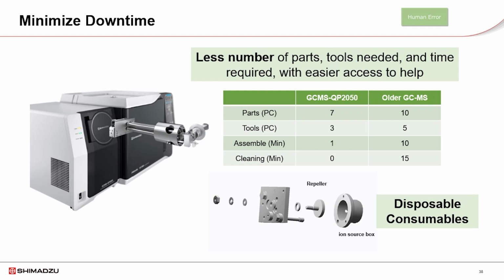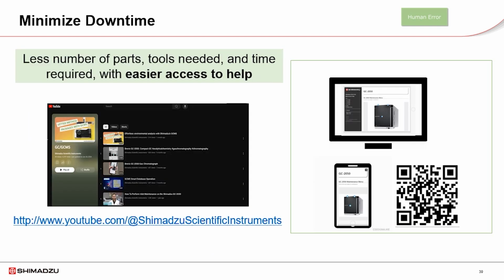So far, I introduced how the latest technology reduces the maintenance frequency and also reduces the time of each maintenance. However, I truly want to reduce human error as well. Human error happens because it is complicated to remember everything for the maintenance, or difficult to reach instructions.